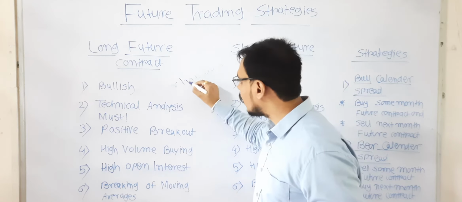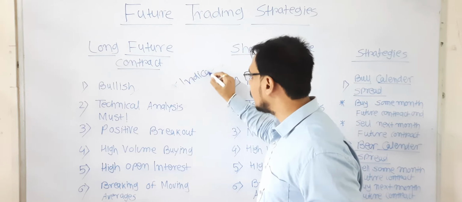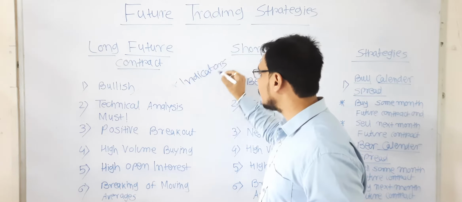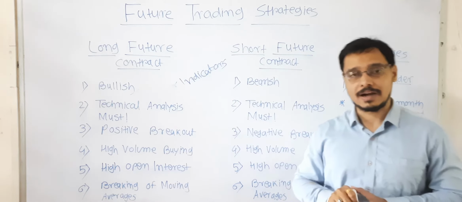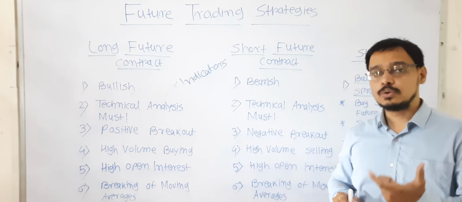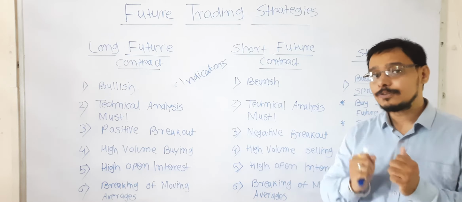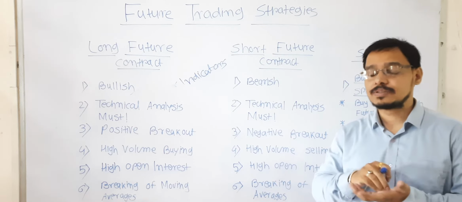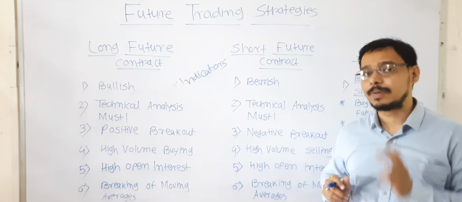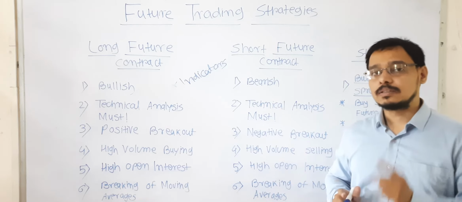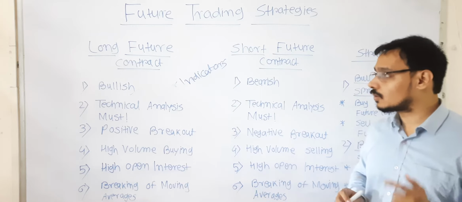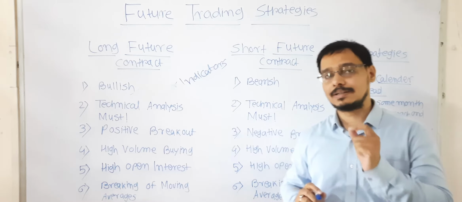When all these indicators show you great strength on the chart, at that time you can say that the stock is bullish. Only when you are 100% confident on all the parameters, buy the one future contract of that particular underlying asset.